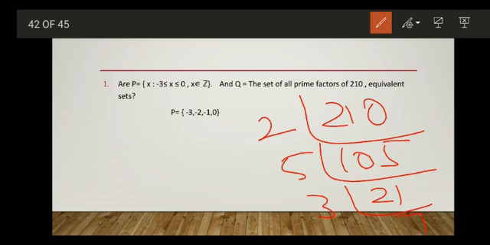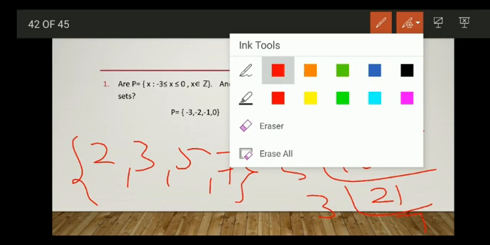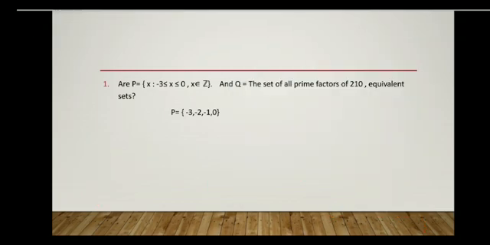So the prime factors of 210 are 2, 3, 5, 7. So this is the set Q. So set Q is equal to 2, 3, 5, 7.